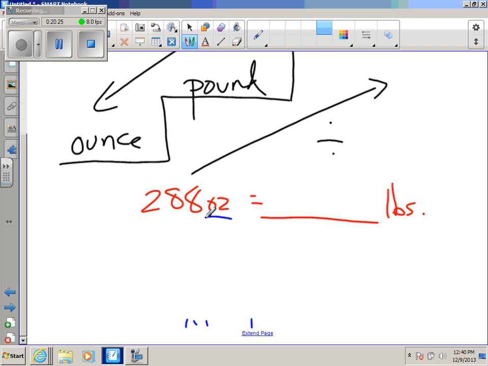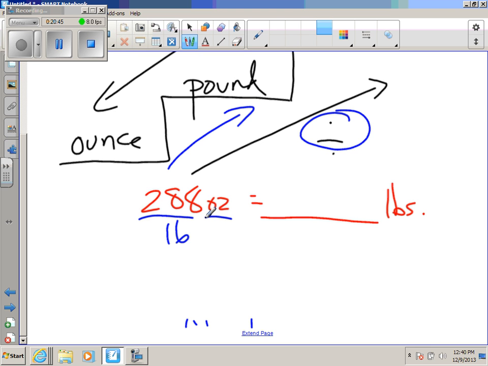We know we're going from ounces to pounds, so we're going up, which means we'll be dividing. The question is, what are we going to divide by? What's the relationship between ounces and pounds? Now, don't just sit there and stare at 288 divided by 16.